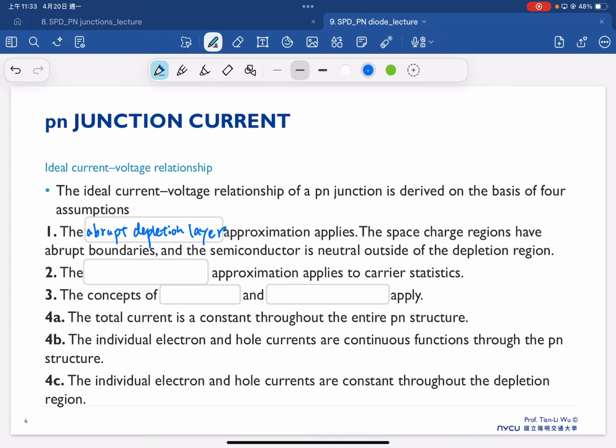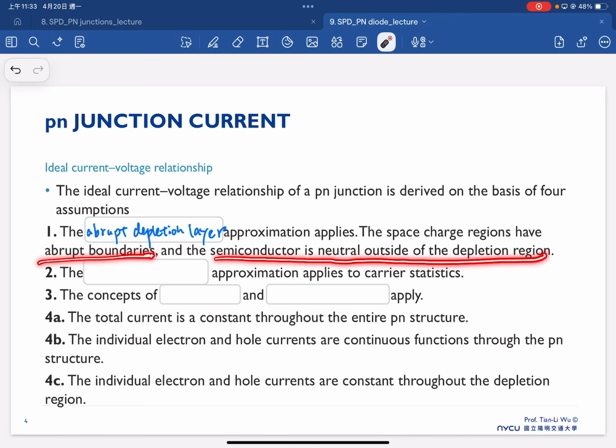So we consider the abrupt depletion layer approximation applied. The space charge region has an abrupt boundary, and the semiconductor is neutral outside the depletion region.